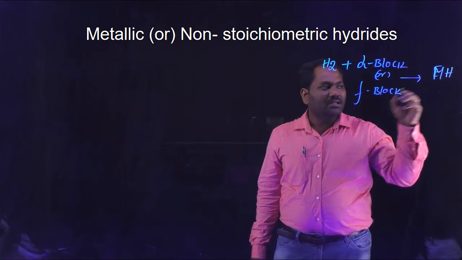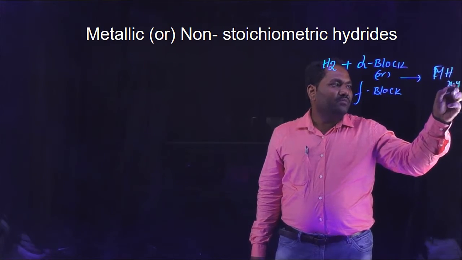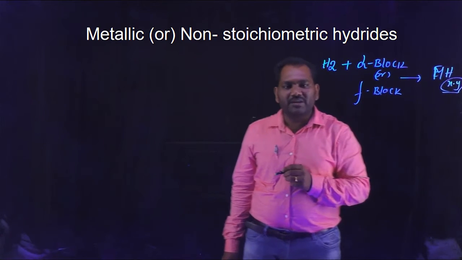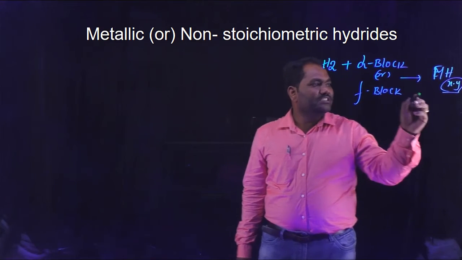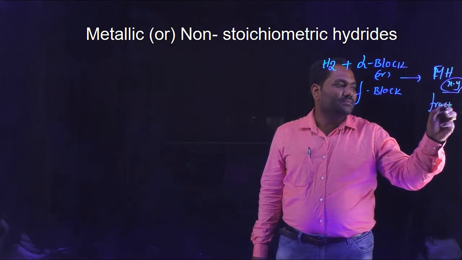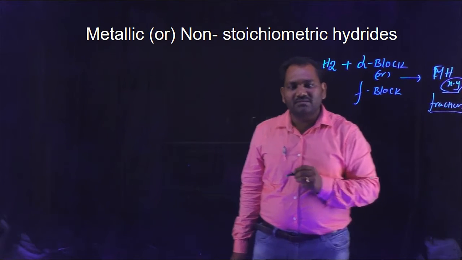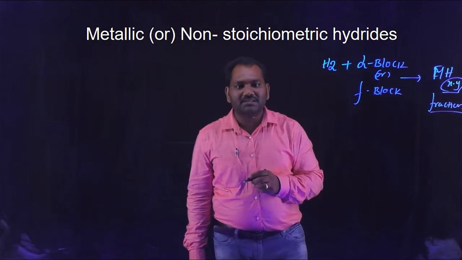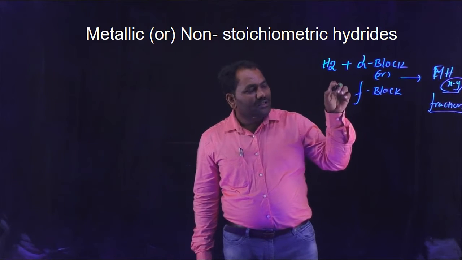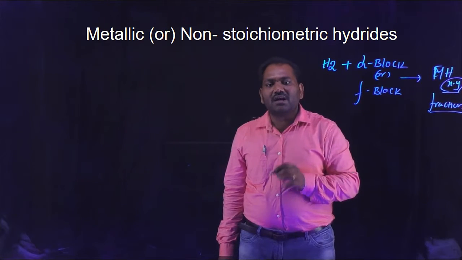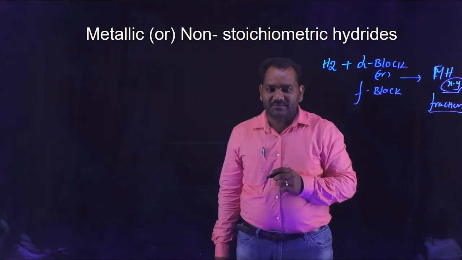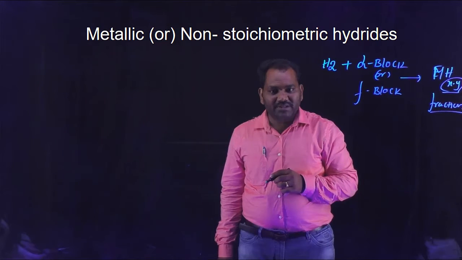MH x.y, which means the value is a fraction like 1.5, 2.5, like that. So these hydrides are called non-stoichiometric hydrides. Why?